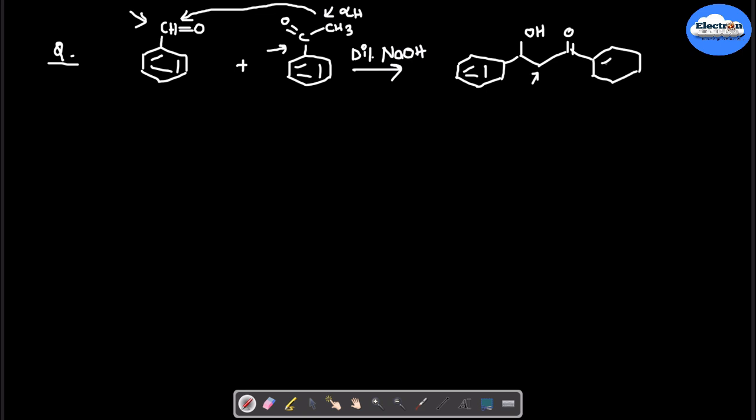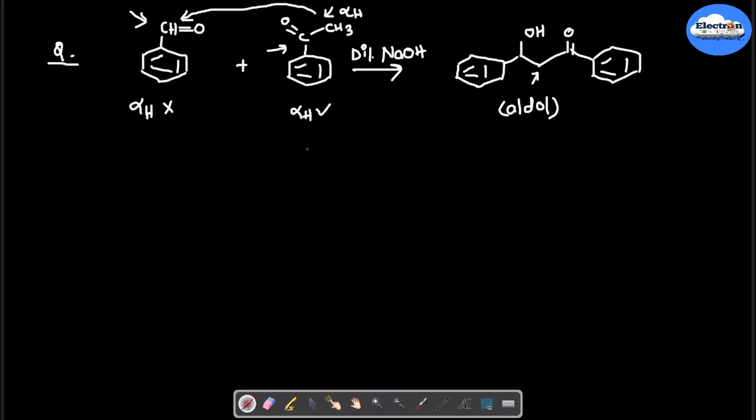Okay, so this compound is an aldol of different type, and here you can see that this compound does not contain any alpha hydrogen, but this compound contains alpha hydrogen.